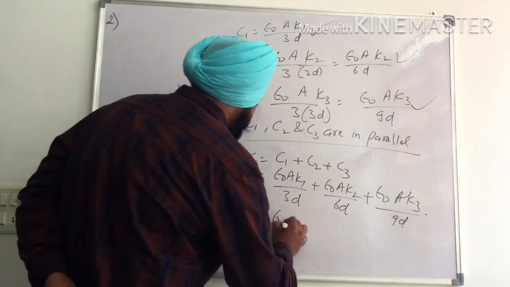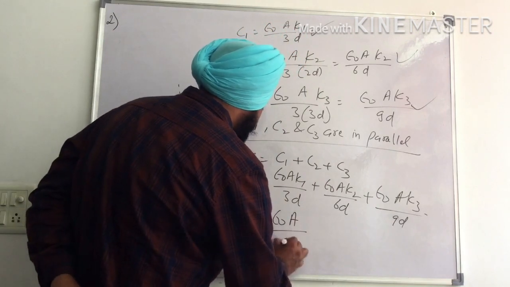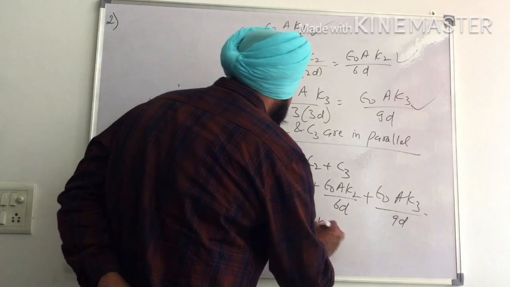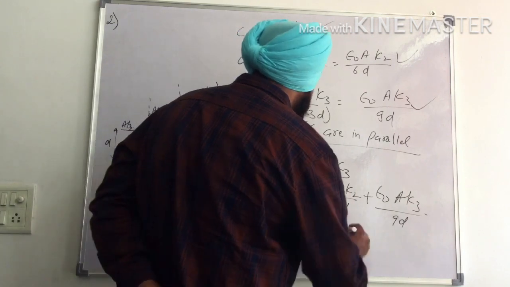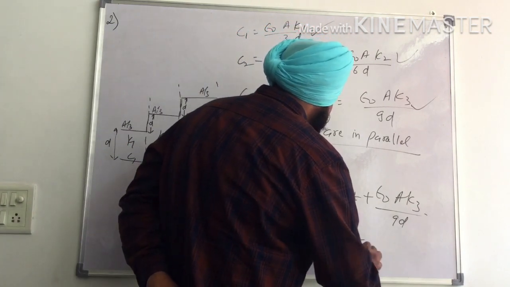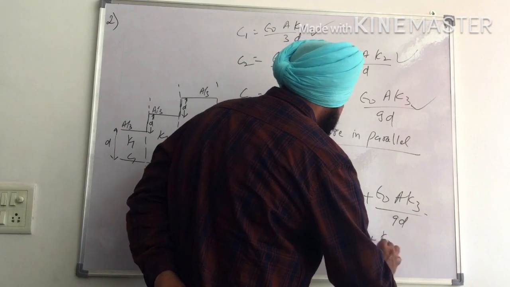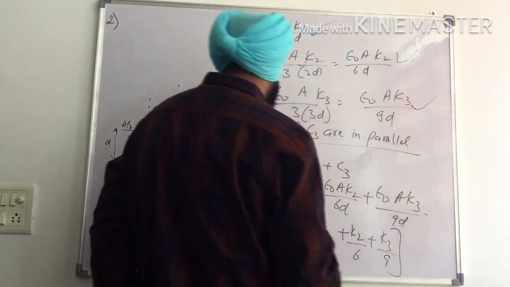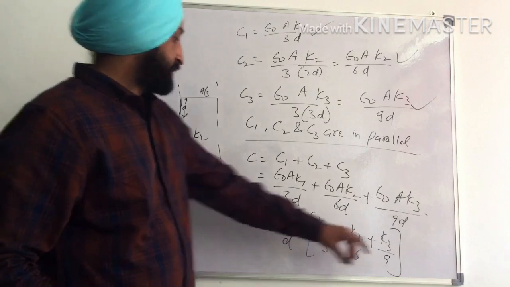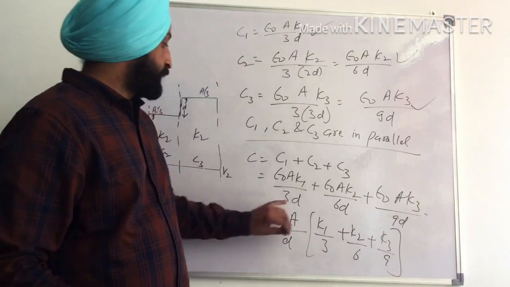So we can take epsilon naught A by D as common, and we will be left with K1 by 3 plus K2 by 6 plus K3 by 9. So now you can simplify these, you can take LCM over here and you can simplify.